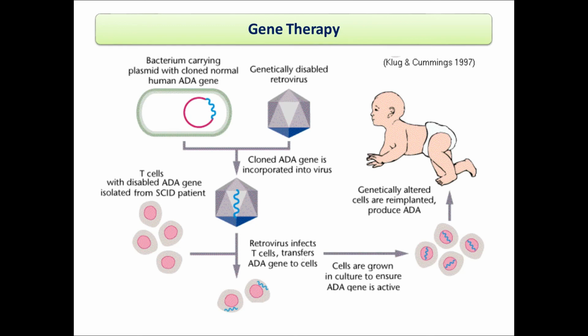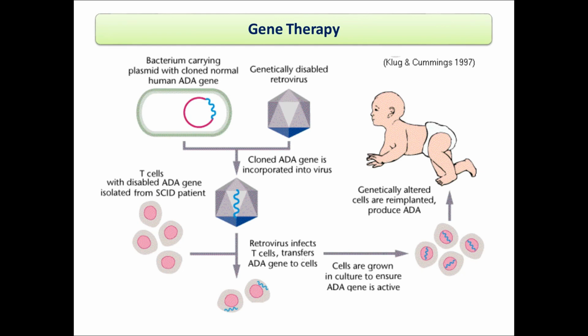The first clinical gene therapy was given in 1990 by French Anderson to a 4-year-old girl with adenosine deaminase ADA deficiency. ADA deficiency, otherwise called SCID, severe combined immunodeficiency disease, is an autosomal recessive metabolic disorder. In this, there will be dysfunction of a gene which is coding for ADA enzyme.